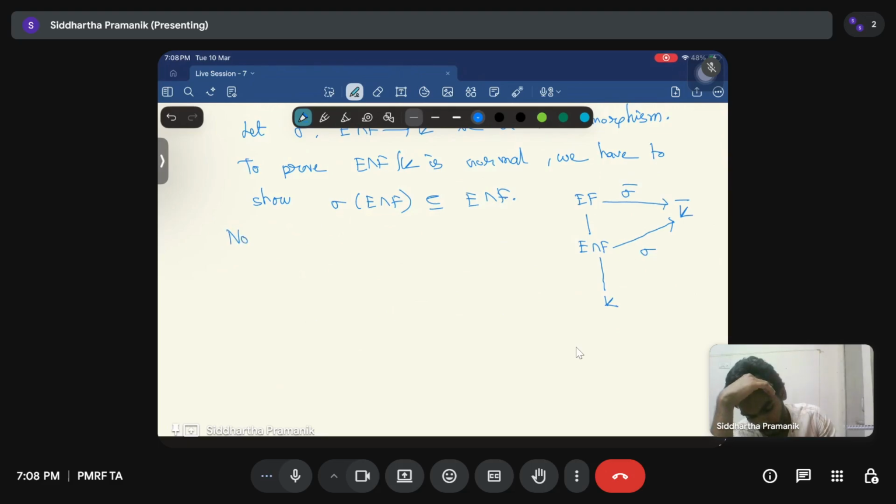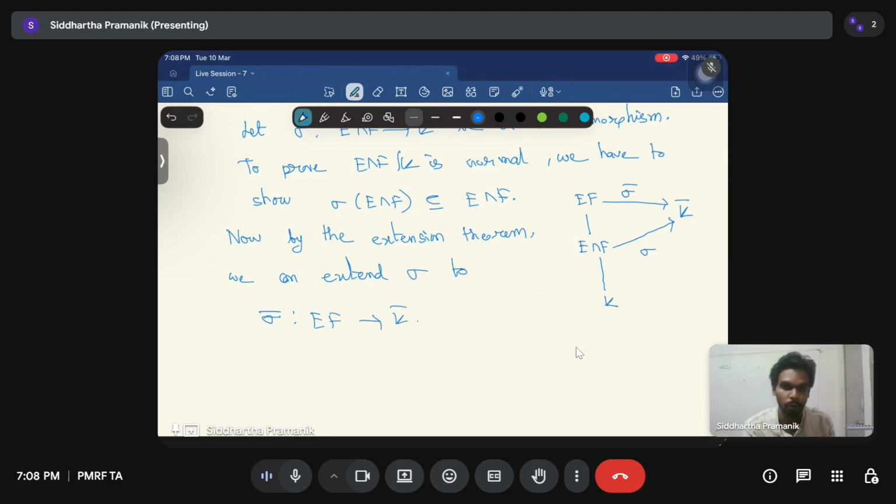So by the extension theorem, we can extend sigma to sigma bar from EF to K bar, right? And this is a K automorphism.